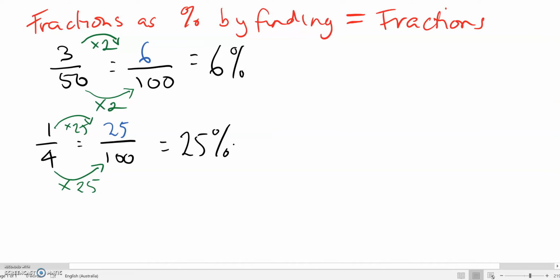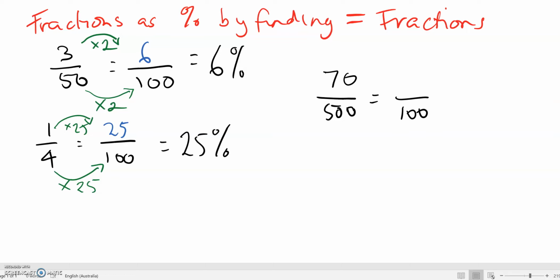Okay, we can go the other way as well. So at the moment we've got a number that's less than 100. What happens if we actually have a number that is larger than 100? Alright, so we could have something like 70 out of 500, for example. Nothing really changes. It just means instead of multiplying, we may have to divide.